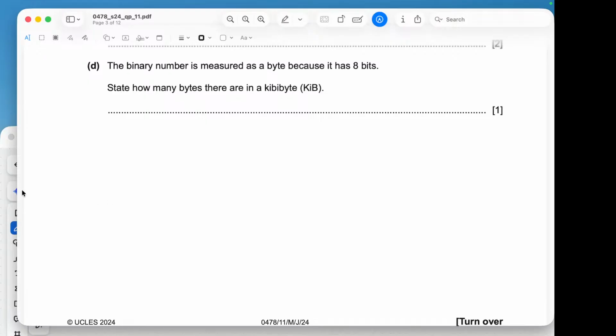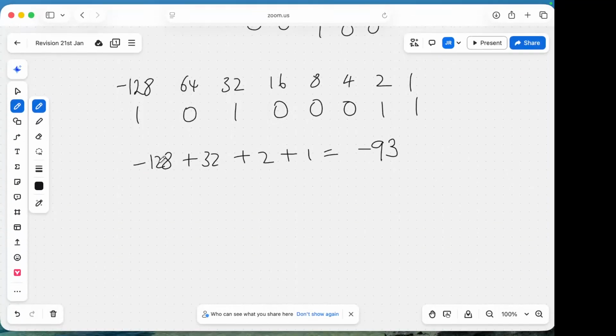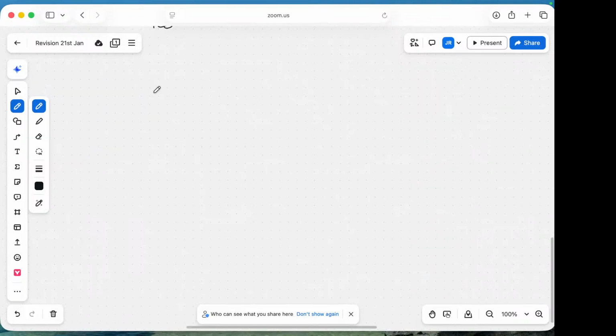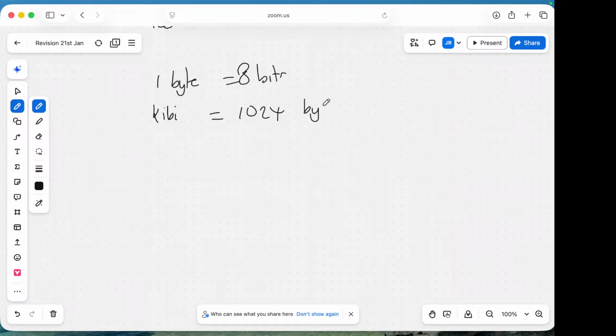It is 1024. Remember, let's just think about those. This is a typical sort of question that they might ask. We've got 1 byte is 8 bits. And then if we've got a kibibyte, then that is 1024 bytes.